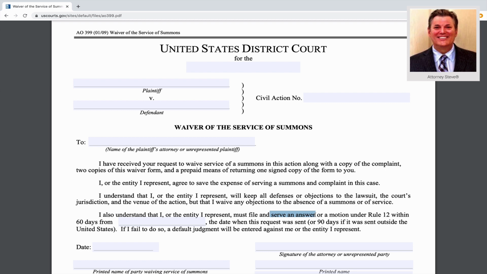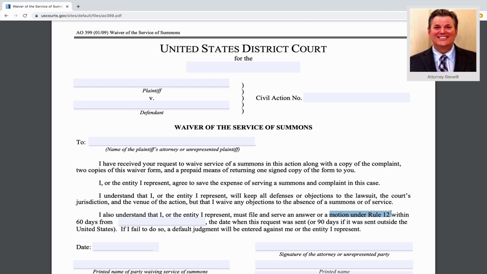You raise your defenses, or a motion under Rule 12. Now, these are your motions to dismiss in federal court. I have a video on that, Attorney Steve, motion to dismiss. Go check it out if you want to know more about that. Things like lack of jurisdiction, failure to state a claim upon which relief can be granted, okay?